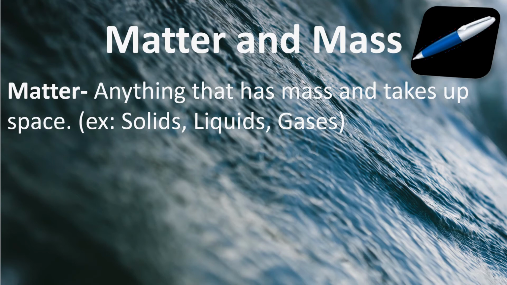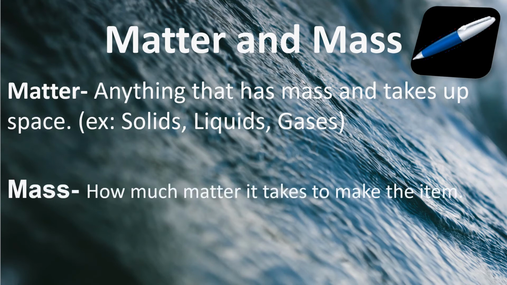Matter. Anything that has mass and takes up space. For example, the one that we talk about, solids, liquids, gases. And mass. It means how much matter it takes to make the item.